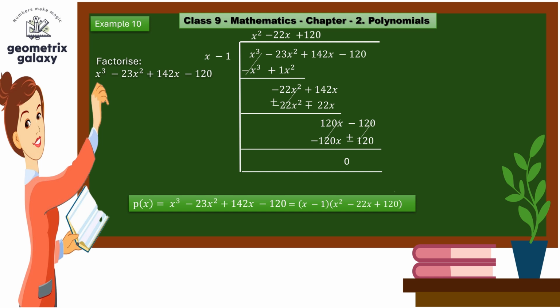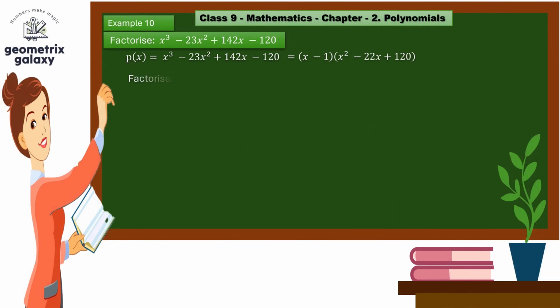So we need to further factorize this quadratic polynomial x square minus 22x plus 120. Already in the previous video we studied about factorizing a quadratic polynomial using the splitting the middle term method. We will follow the same and find the answer for this quadratic polynomial.